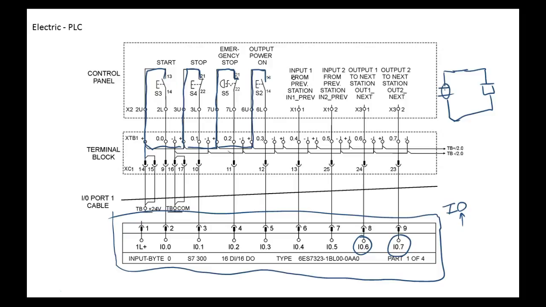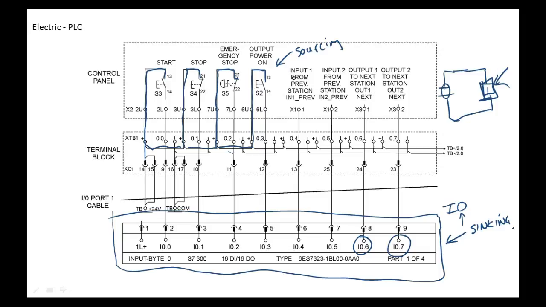So the term we would use is that all these guys are sourcing, because they're providing the voltage. The PLC is using a negative common, so we would say the PLC is sinking. Does that make sense? The device that provides the ground or the minus DC, we say is sinking. The device that provides the positive DC, we say is sourcing. So these switches are hooked up sourcing, which means the PLC needs to be hooked up sinking.